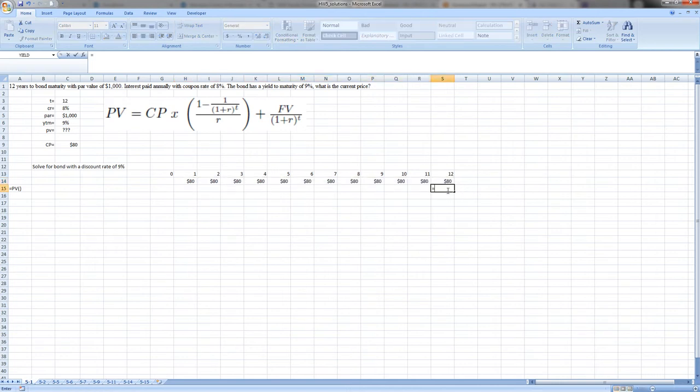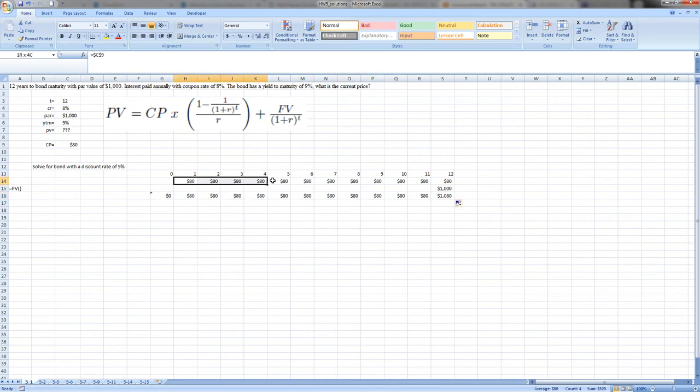Lastly, at the end of year 12, we receive our return of principal. So what we know is we have cash flows for the next 12 years of $80 and a return of principal of 1,000. We want to figure out how much we would have to spend today so that we have a return of 9%. That is, if we discount this at 9%, what is the PV?